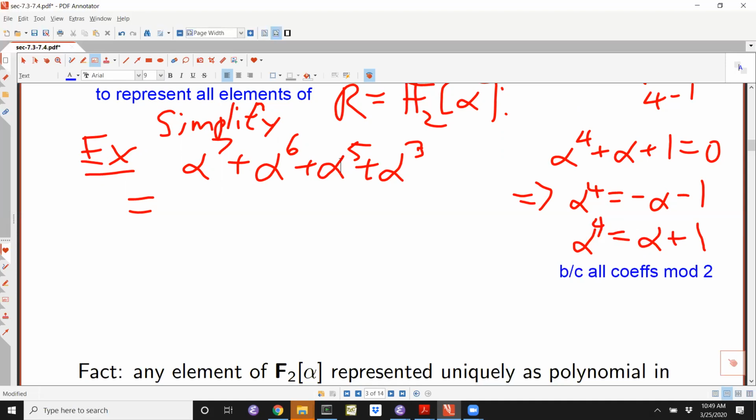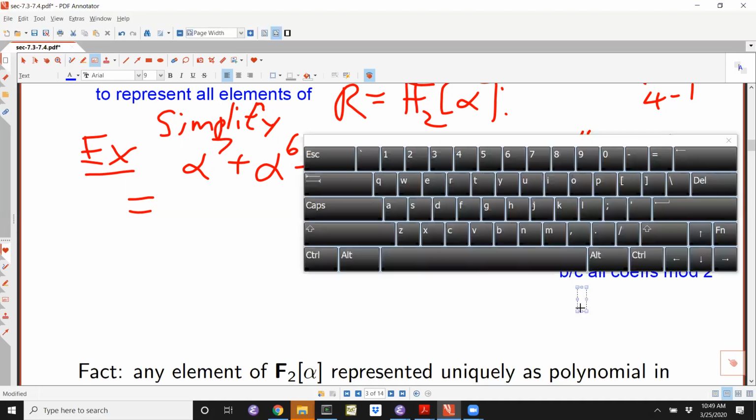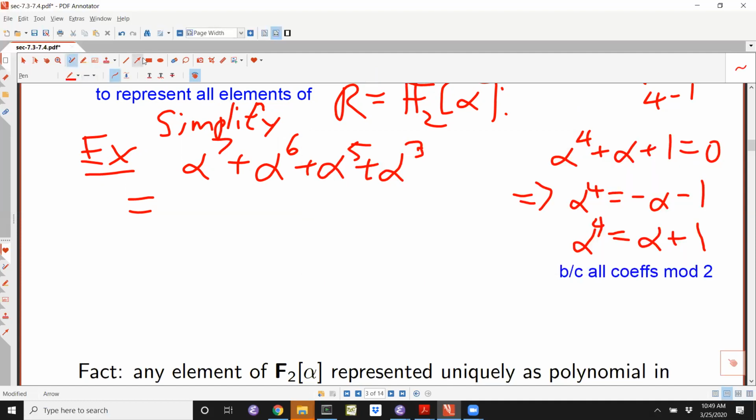We don't have an alpha to the 4th over here. What we have is an alpha to the 5th, 6th, and 7th. Well, that's okay. Because alpha to the 4th is equal to alpha plus 1, that implies that alpha to the 5th is equal to alpha squared plus alpha. And just in case this isn't clear, how did I get this new rule?